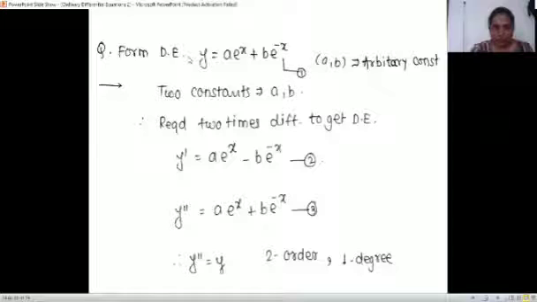If any equation is with us, we have to check the number of arbitrary constants. How many arbitrary constants are there? We have to differentiate that equation that many number of times. And while doing this, we have to remove those constants.